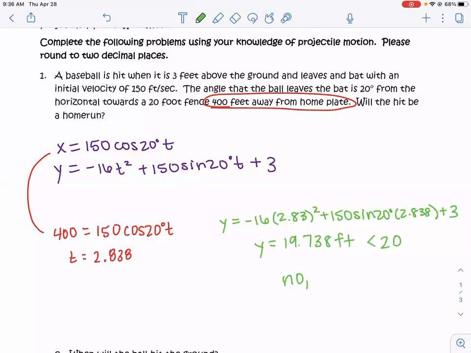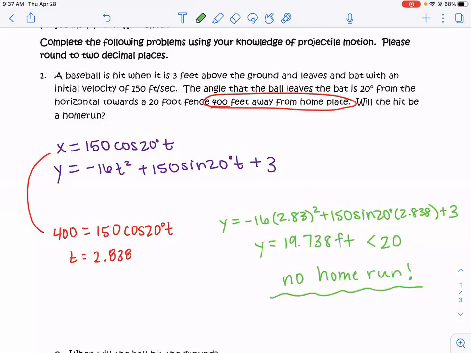No. So we plugged the 400 feet away into X, solved for T. When we plugged that T value in for Y, we were determining how high the ball was 400 feet away. And since the ball is 19.7 feet high, it's hitting like probably that yellow line on the wall, but it's not going over the fence.